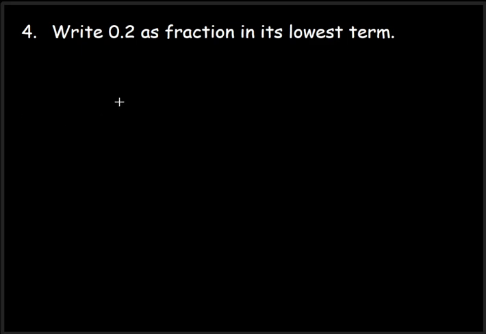Move to number 4. Write 0.2 as a fraction in its lowest term. Remember we talked about changing decimal numbers to decimal fractions. So we have to change it first to a decimal fraction before we reduce the fraction.